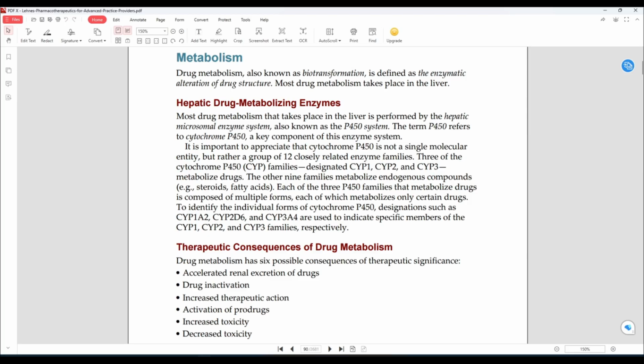Each of the three P450 families that metabolize drugs is composed of multiple forms, each of which metabolizes only certain drugs. To identify the individual form of cytochrome P450, designations such as CYP1A2, CYP2D6, and CYP3A4 are used to indicate specific members of the CYP1, 2, and 3 families, respectively.